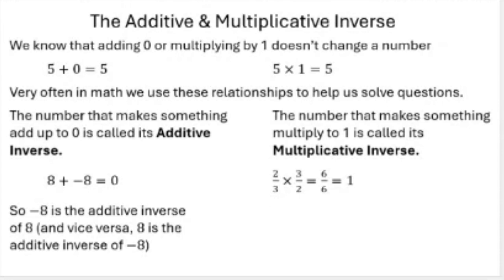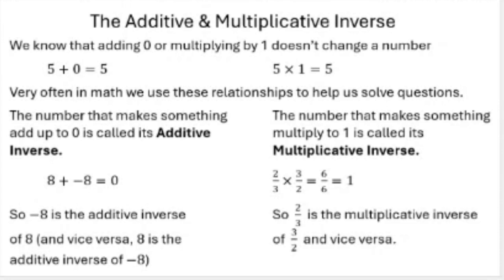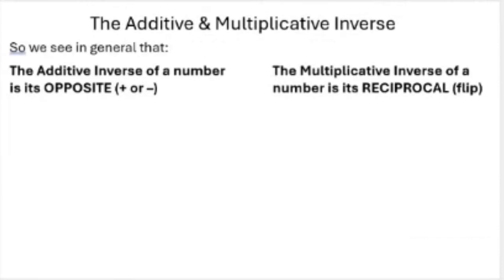So the multiplicative inverse of a number is its reciprocal. 2/3 is the, I'm getting tired of saying multiplicative inverse, but that's what I have to say. 2/3 is the multiplicative inverse of 3/2 and vice versa.